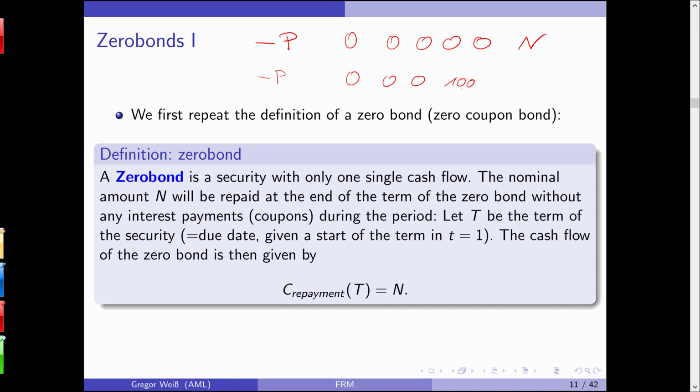In fact, in financial mathematics, it's often standardized to 1, because in this way, the price of the Zerobond will be equivalent to what? The discount factor that is associated with a spot rate over, for example, 4 periods.